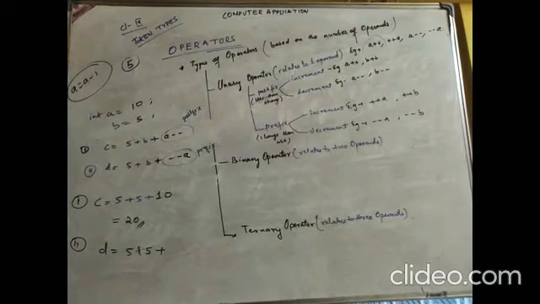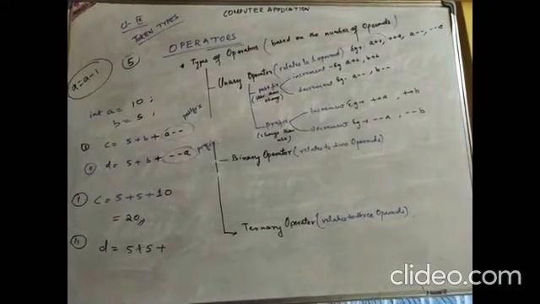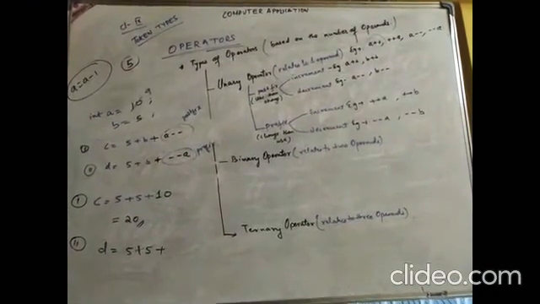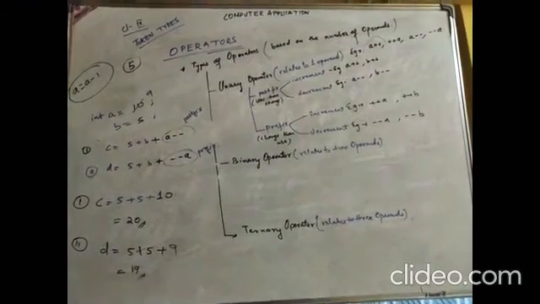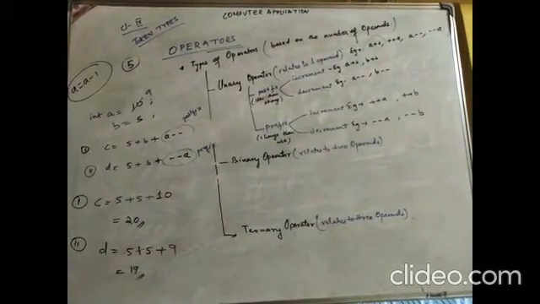In prefix, first change, then use. So I'll decrease the value of A by 1. 10 minus 1 is how much? 9. First I have to decrease the value of A, so first change, now use. What is the value of A now? 9 we'll be using now. So therefore we'll get 10 plus 9, which is 19.